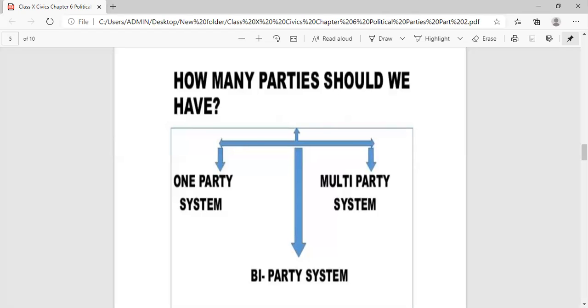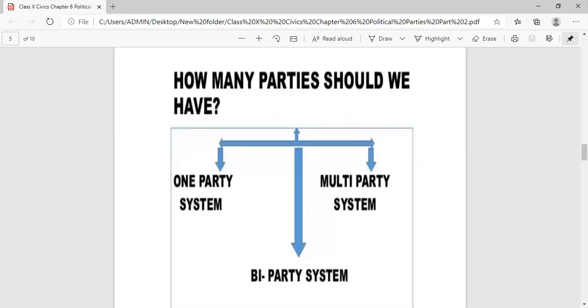Why does India need a multi-party system? In India, we opt for the multi-party system because of the social and geographical diversities. In India, people speak different languages, profess different religions, and have different customs and traditions.